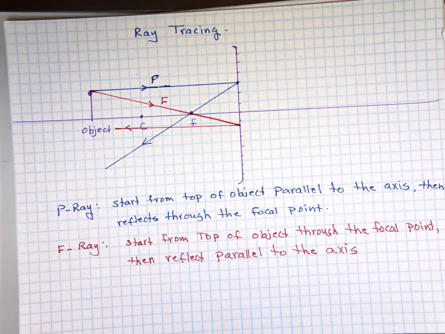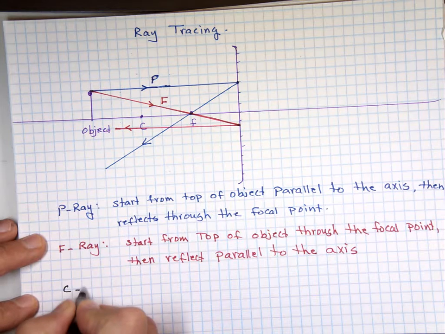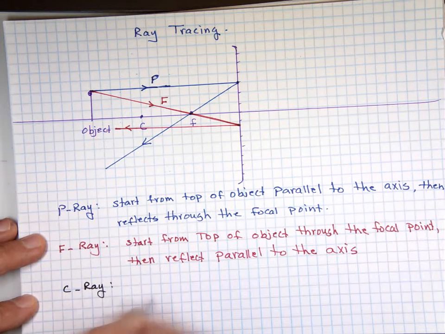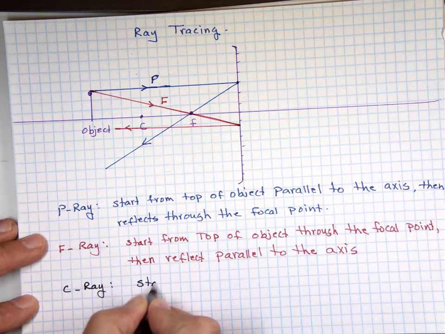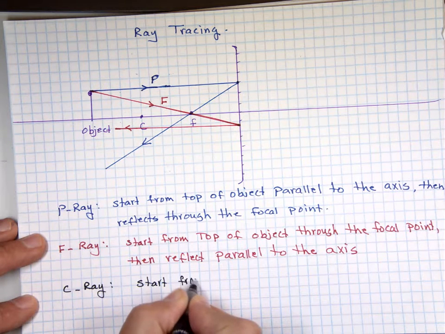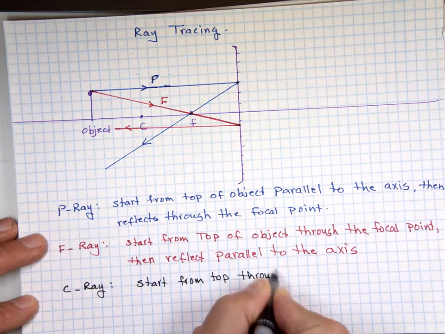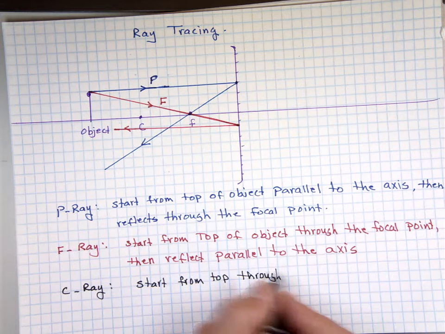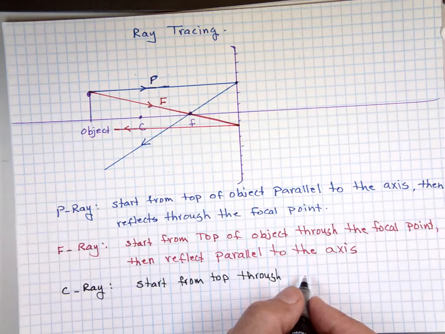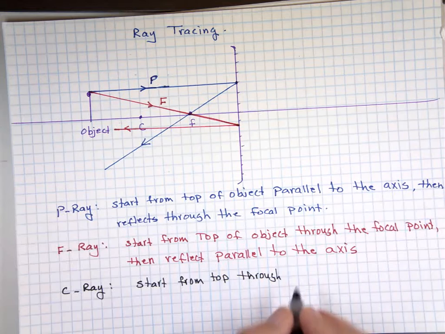So we use blue, we use red, we'll do black. The next one should be called the C ray. You're going to start from the top again. Through the center. Through the center.